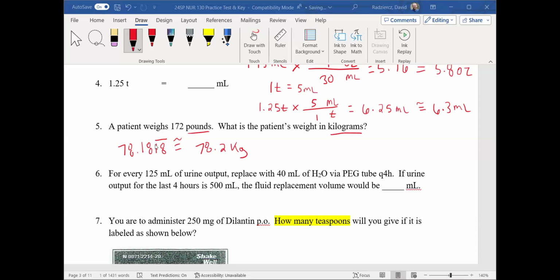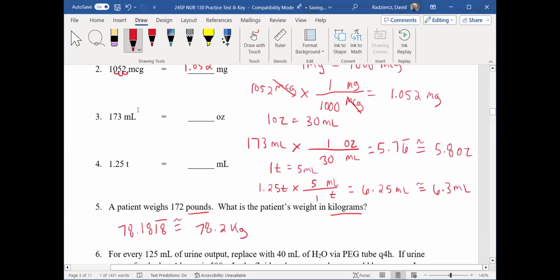What we did here is we went from household to metric. So pounds to kilograms is household to metric. If I go from metric, milliliters, to household, I'm going to follow that same rule. Your answer for this becomes 5.76 repeating, and you're just going to round it to the nearest tenth.